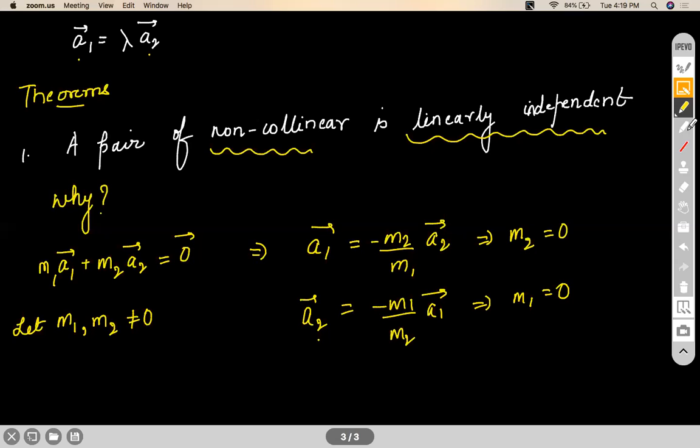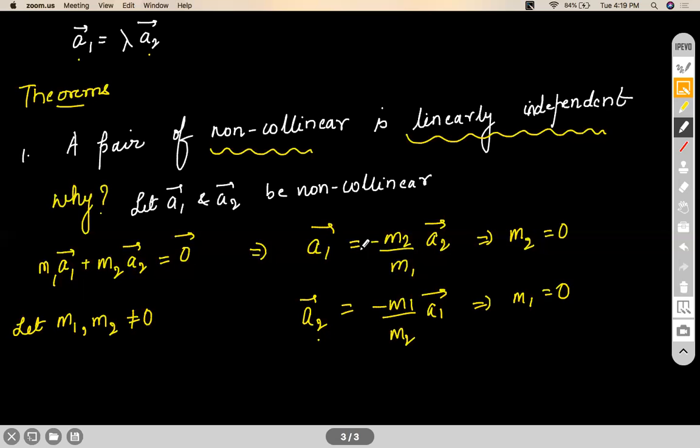So what I did was, let A1 and A2 be non-collinear vectors. What I want to prove is that such non-collinear vectors would be linearly independent. So I started with a linear combination of these two vectors and equated it to the null vector.